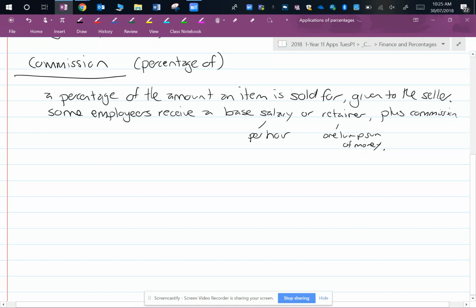All right. So for example, let's try a story. E.g. Nellie earns $120 per day retainer and 8% profit on all sales.